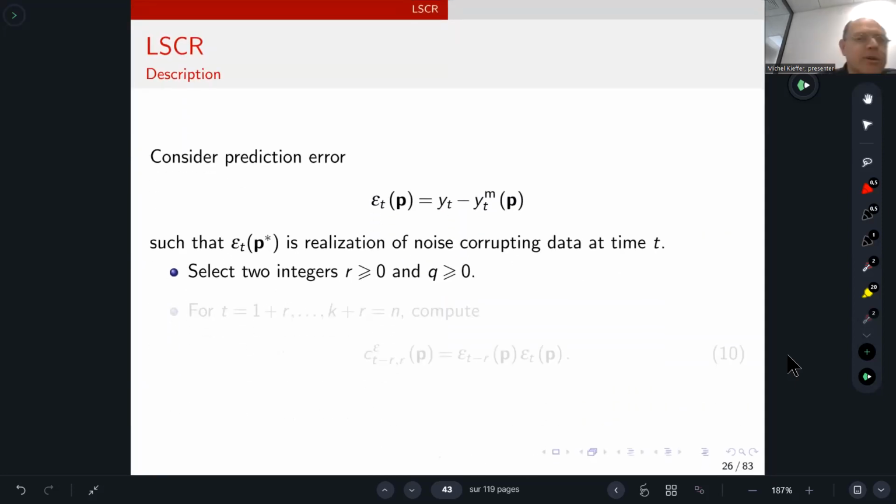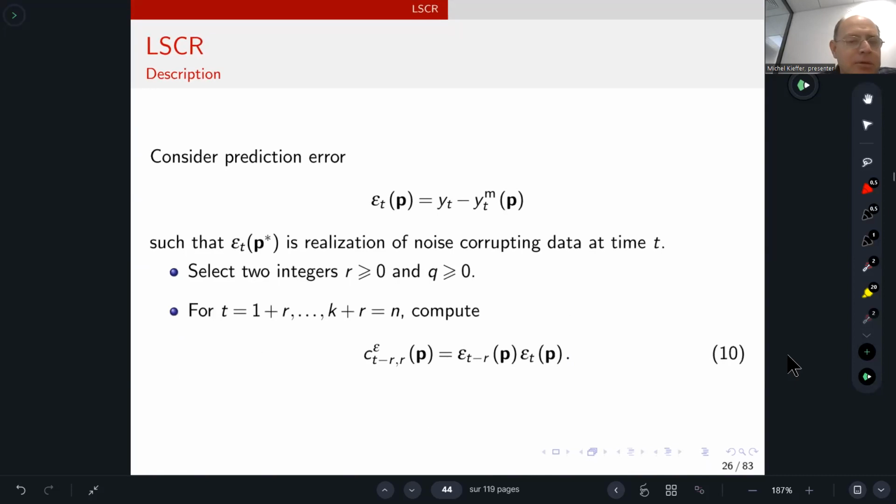For that purpose, first, we consider again the evaluation of the prediction error at a given time instant t. We know that epsilon t of P star is a realization of the noise which has corrupted the data at time t. Afterwards, we select two integers, r and q.